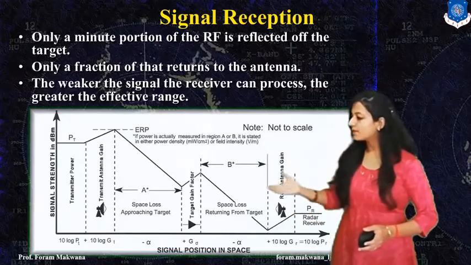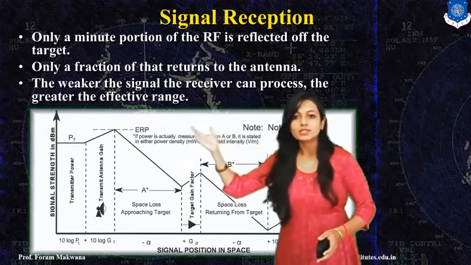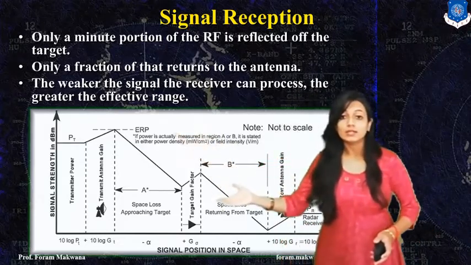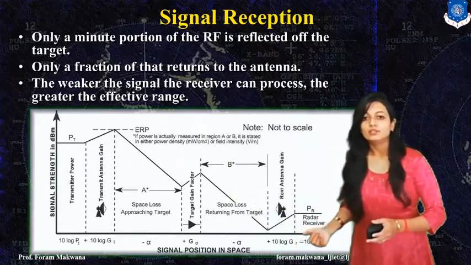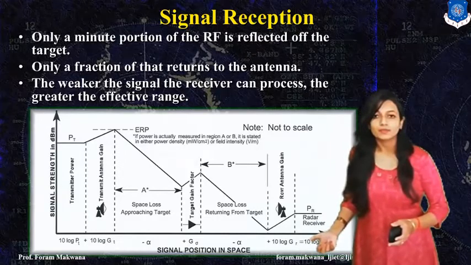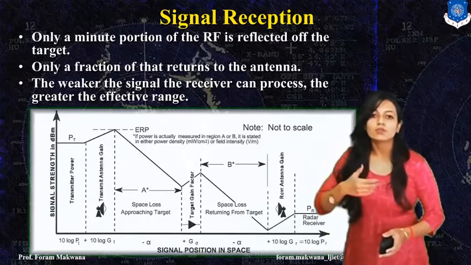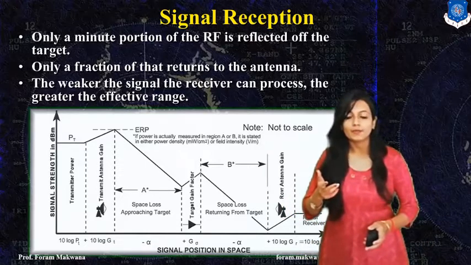From this graph you are able to identify that the signal strength is going to decrease as it reaches the radar receiver. Why? Because it has to travel thousands of kilometers. Alright?